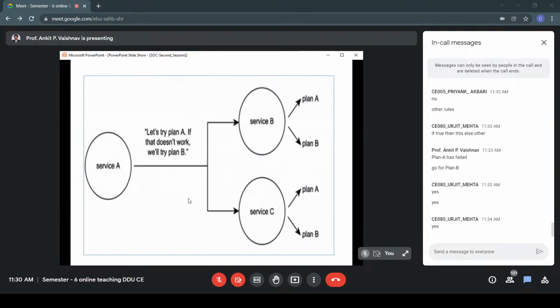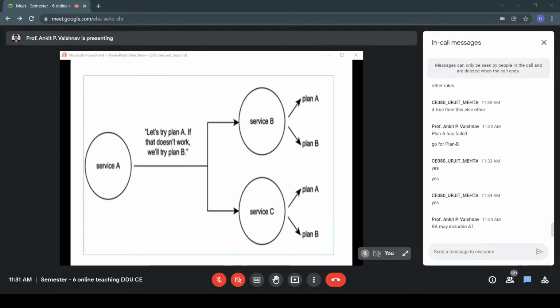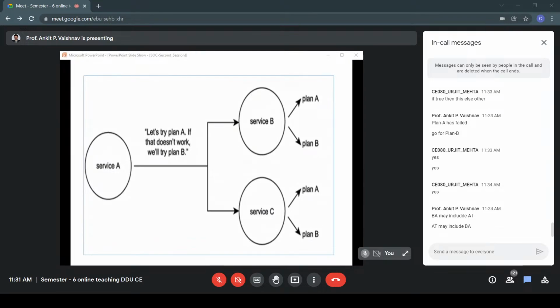So if I say that a business activity may include an atomic transaction, that is one statement. And an atomic transaction may include a business activity. Which one is correct to say, first or second?